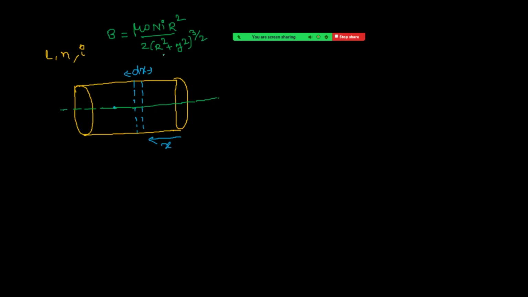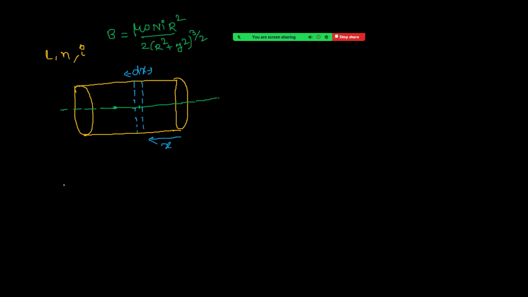Then see what happens. The distance of this point from the center of this ring is L minus X, sorry, L by 2 minus X, so that I have taken as Y, right?